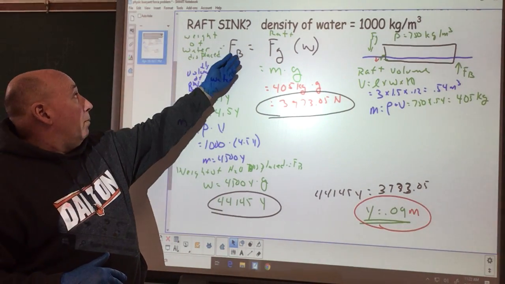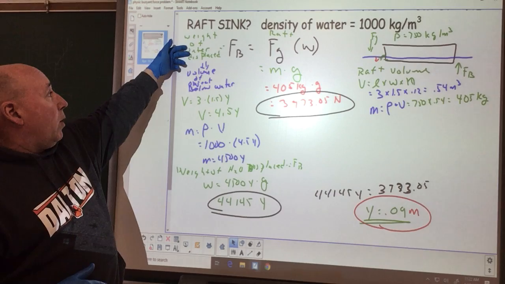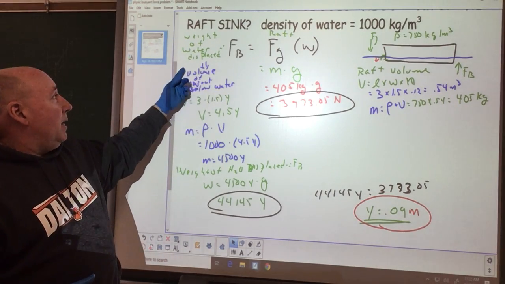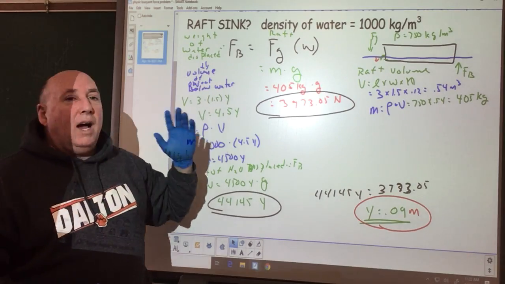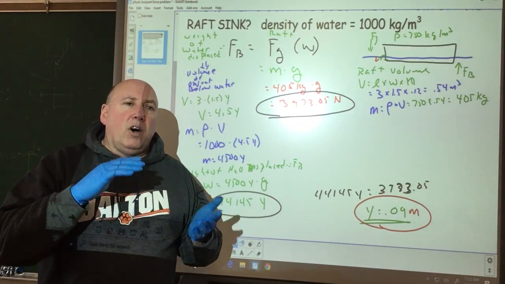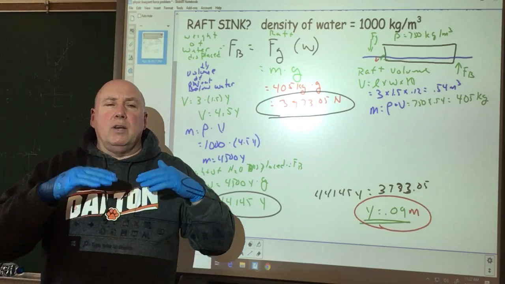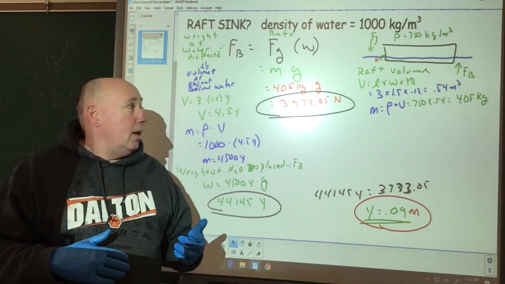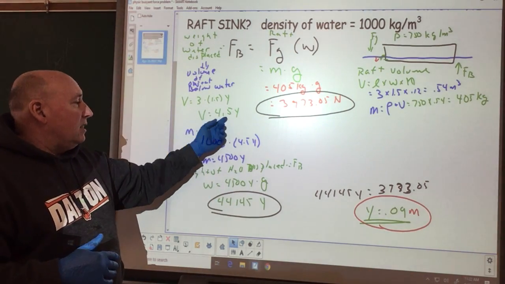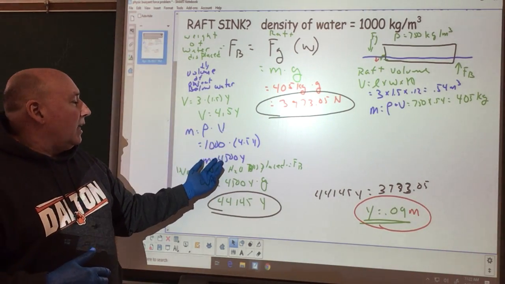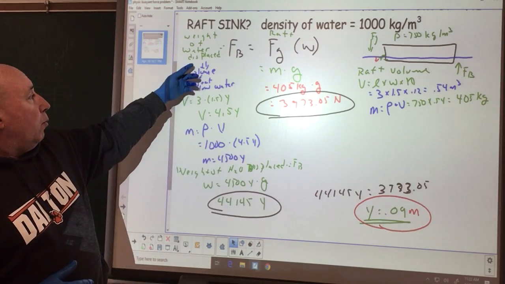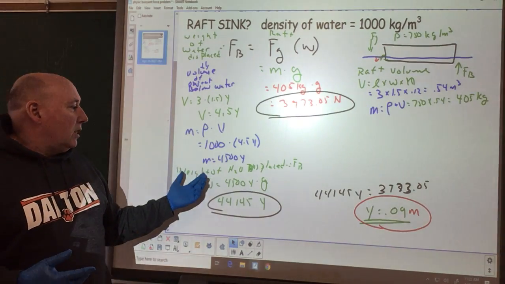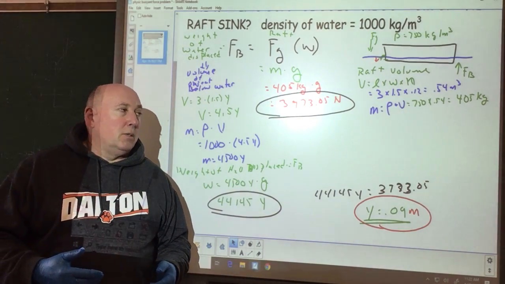Also knowing that the buoyant force is equal to the weight of the water displaced allows us to deal with Archimedes' idea: the volume of the object below the water is also equal to the volume of the water displaced. And knowing the density of that fluid, we can then calculate the mass of the water displaced, which gives us the weight of the water displaced.